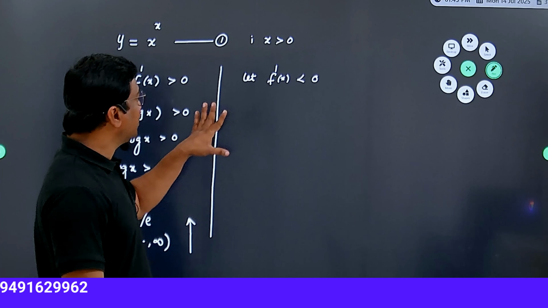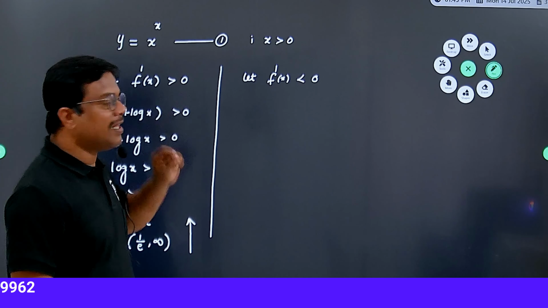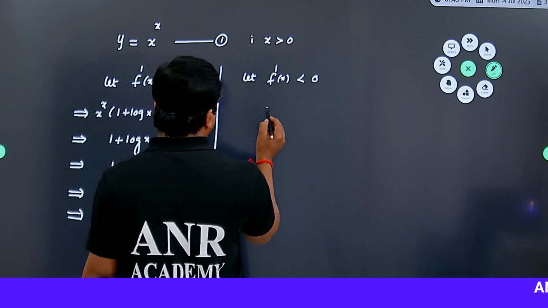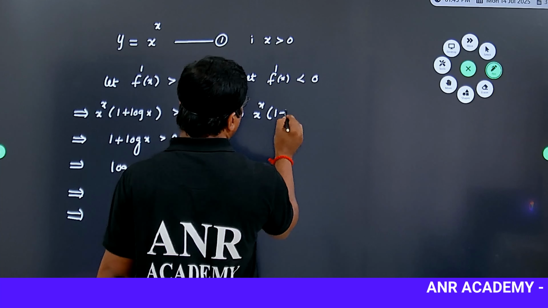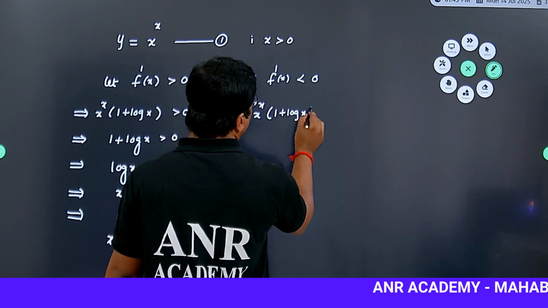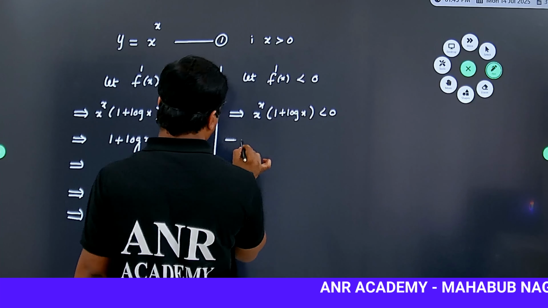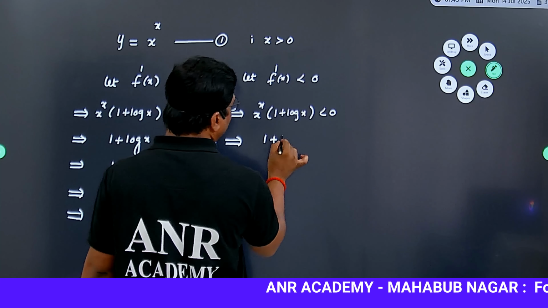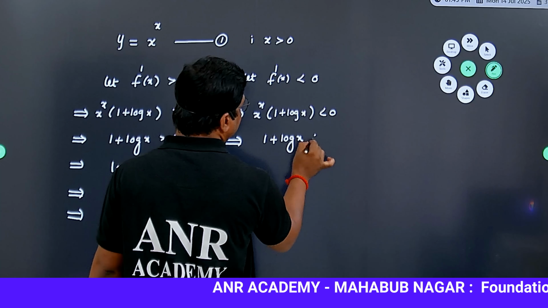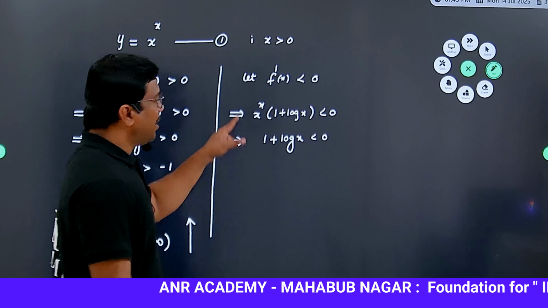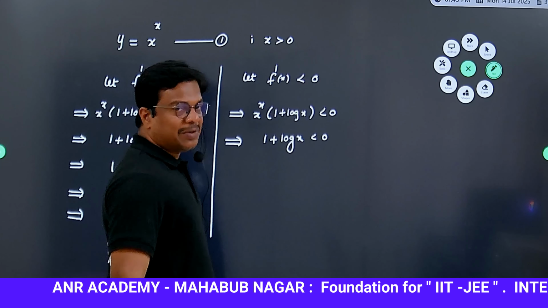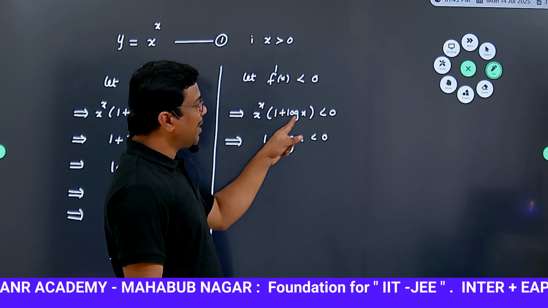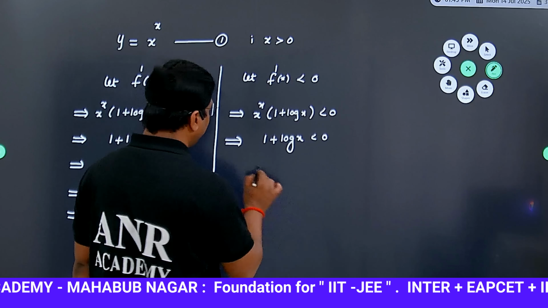Next, to decide the interval in which the graph is decreasing, by selecting f dash of x less than 0, we get its derivative x power x into 1 plus log x less than 0, which implies 1 plus log x is less than 0. Why? Because x power x is positive, so the second term must be negative, then only positive into negative gives a negative result.